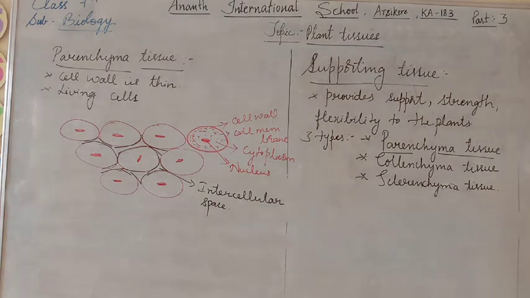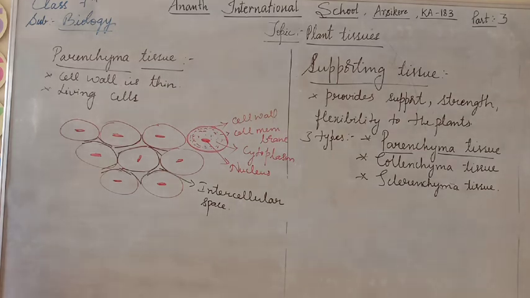Next, we shall move on to the function of the parenchyma tissue. What is the function of the parenchyma tissue present in plants? The function of parenchyma tissue is that the process of photosynthesis takes place. Where will it be found?